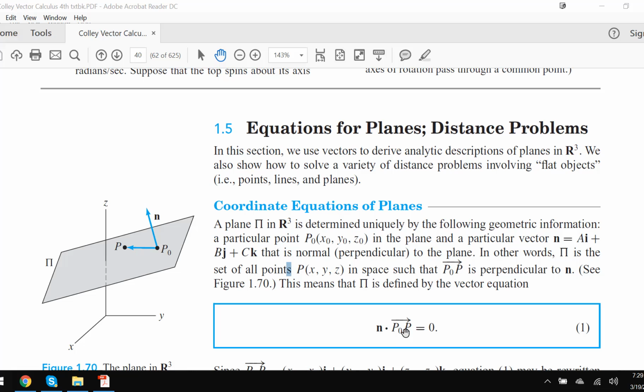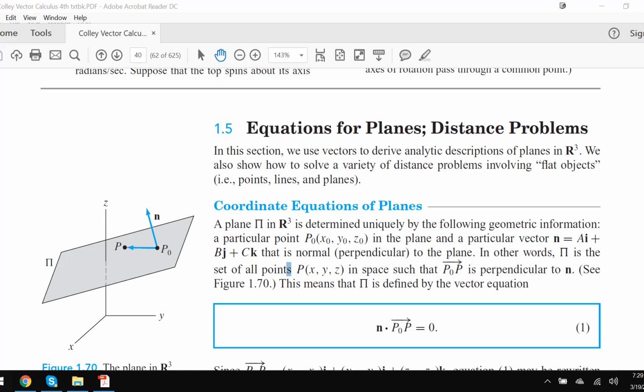Remember, when you take the dot product, the only time that you get 0 is if the two vectors are perpendicular. Remember, it has the cosine of the angle there, the cosine of theta in the formula of the dot product. That's one way to express the dot product, with the cosine of the angle in the formula.